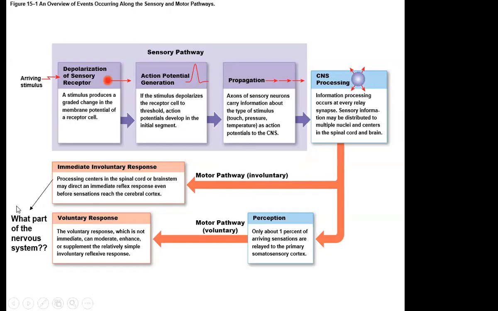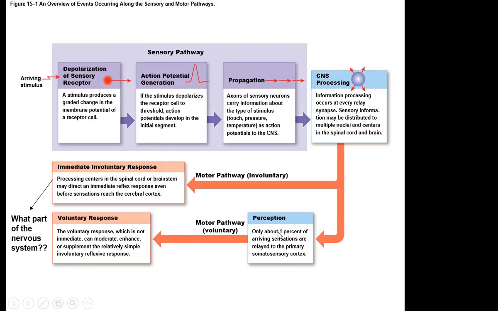Autonomic. Autonomic, perfect. Okay, so that's your answer right here. All of this motor pathway, this involuntary, this is all chapter 16 for our autonomic nervous system. This pathway of the voluntary, this is what we will walk through with chapter 15 for our somatic response, okay?